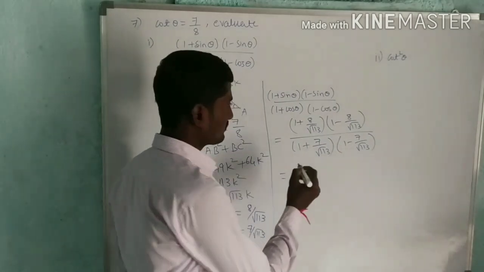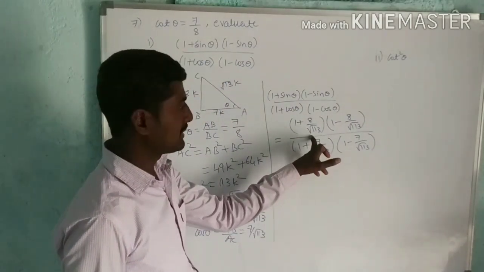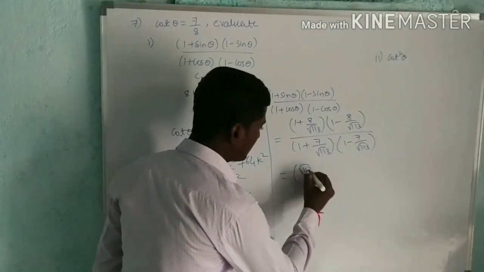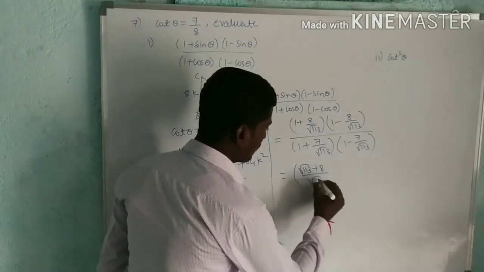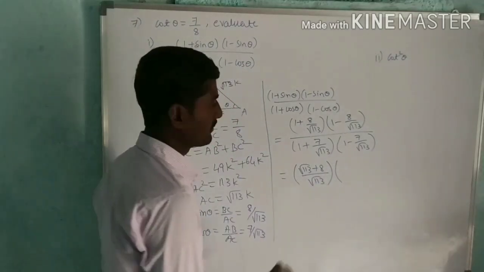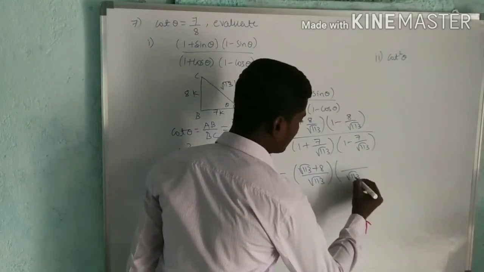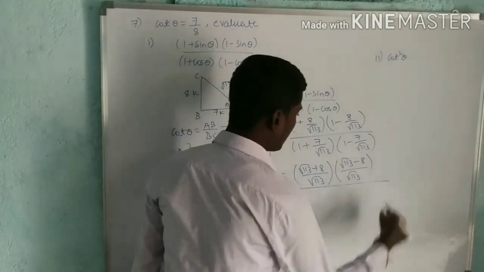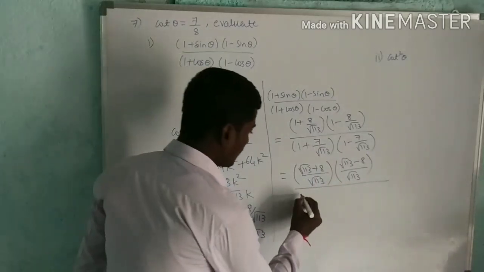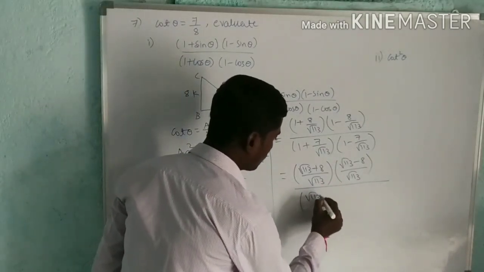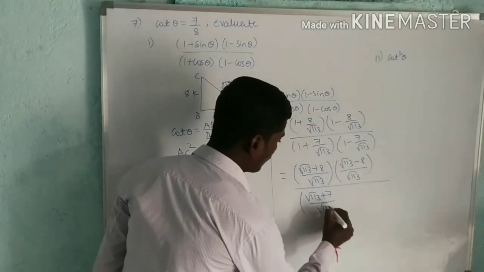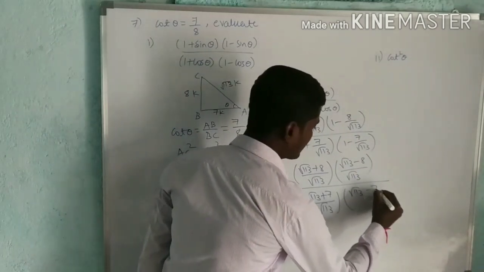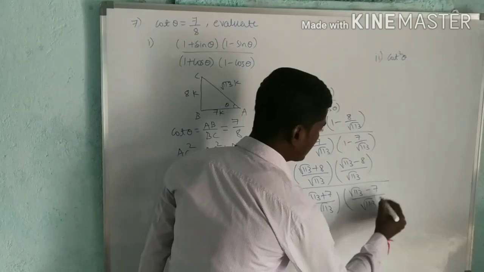Now here LCM is root of 113. So this will become root of 113 plus 8 divided by root of 113, into root of 113 minus 8 divided by root of 113, divided by root of 113 plus 7 divided by root of 113, into root of 113 minus 7 divided by root of 113.